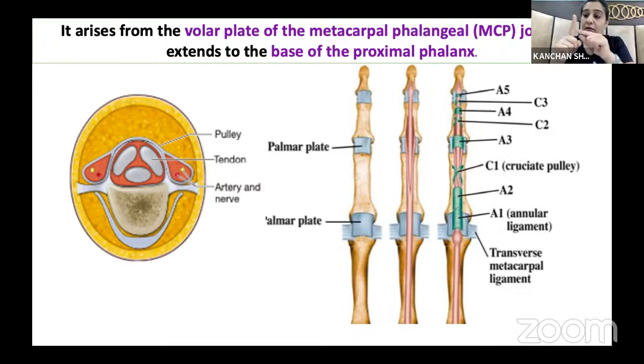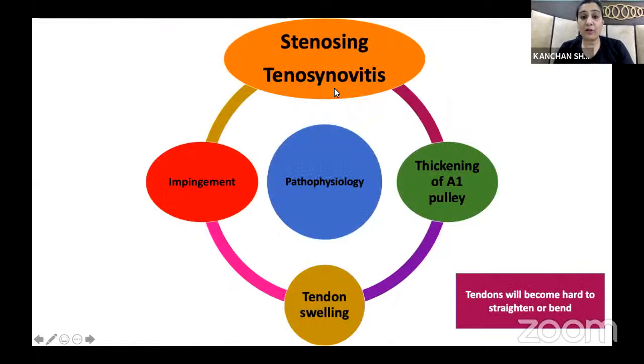When the flexor digitorum superficialis is trying to flex the proximal phalanx, there should be something to hold it, otherwise there will be bowing of this tendon. So these pulleys hold the tendons against the bone so that there is smooth gliding of the tendon.